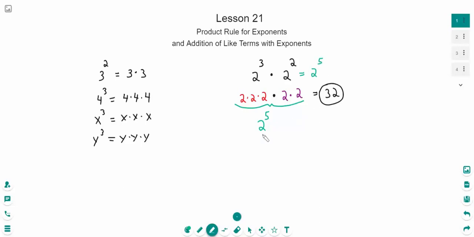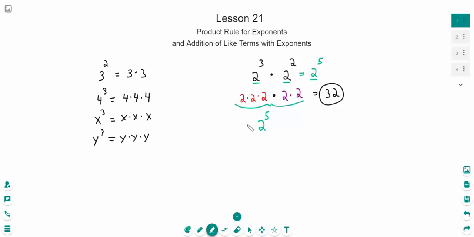And if we look at this, what connections can we make? We can see that the base doesn't change. We have these 2's, and then the answer is also a 2. The exponent does change, and what happens? Well, it appears that we take a 3, and then we add the 2 to get the 5. All right? So 3 plus 2 is 5, so we end up with the same base, a 2, and we raise it to the fifth power.